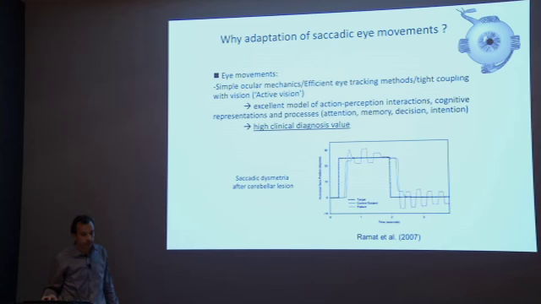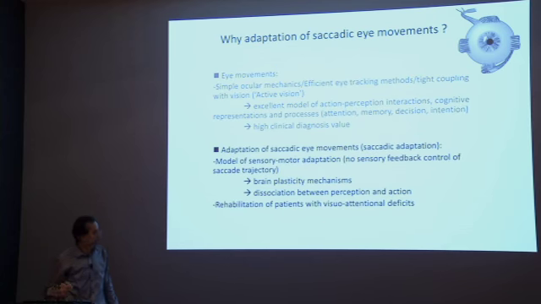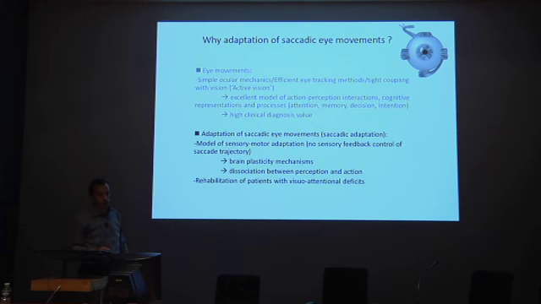cerebellar lesions. And so also adaptation of saccadic eye movement is a nice tool to investigate sensory motor adaptation in general, and especially because saccadic eye movements cannot be controlled during their execution by sensory feedback.